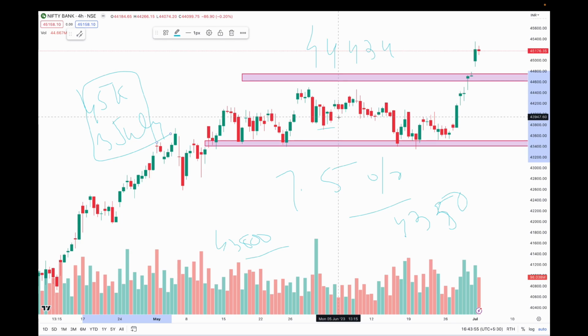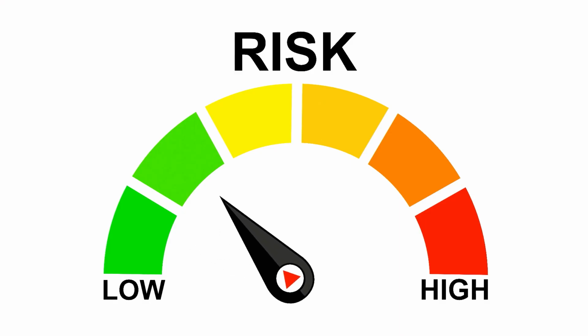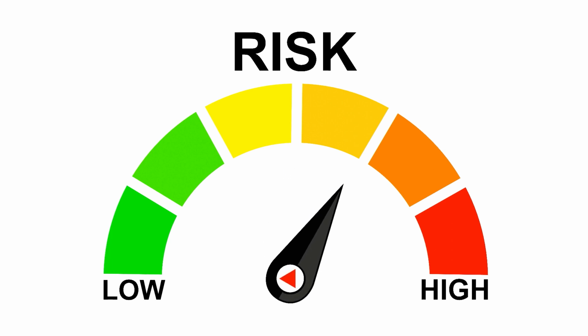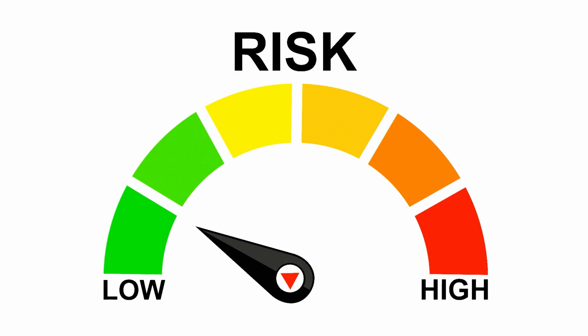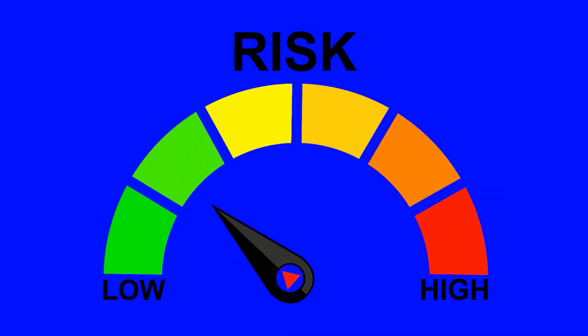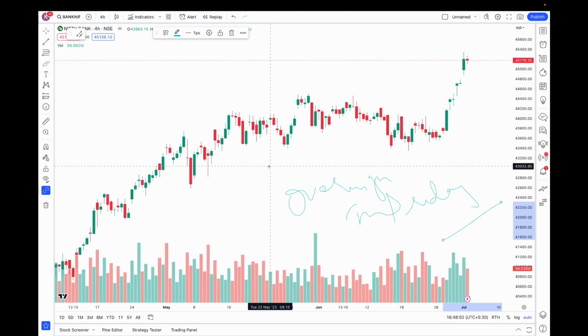Many of you ask me this question as well. Yes, I carry my positions with hedge, because I don't want to take overnight risk. Many of you ask how I carry mostly overnight positions. Definitely I take some intraday positions as well, but mostly those are overnight and with hedge. These are the levels where I traded.